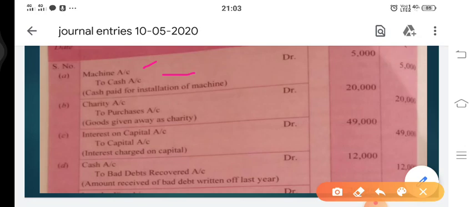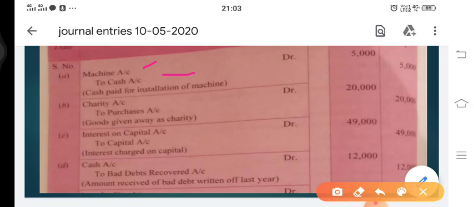Anything that is coming into the business, the real account rule applies, and it says debit what comes in. At the same time, we have paid cash for installation, so cash is going out of the business and hence we have credited it. So machine account debit to cash account 5000.